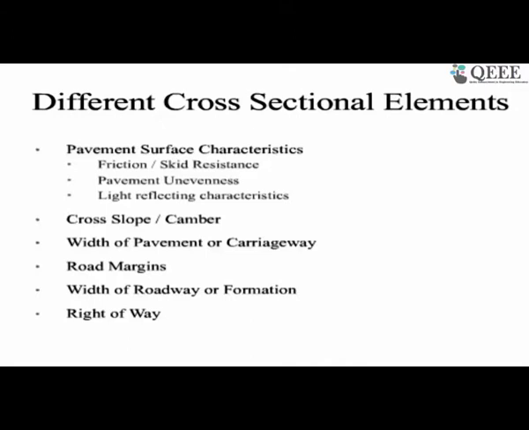The width of the roadway or formation is quite important to know how much land we need to construct the roadway and how it is going to affect the alignment. And overall, including the road margin, the formation width and everything, we need to know what right of way we have, or the land which can be used for our construction.